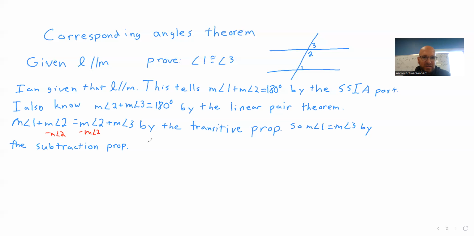And finally, if the measures are equal, they must be congruent. So angle 1 is congruent to angle 3 by the definition of congruence. And this is my paragraph proof.